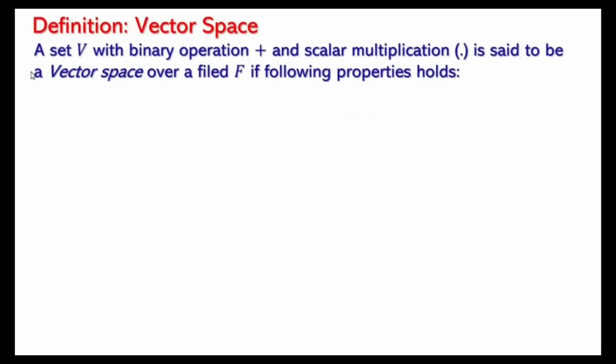A set V with a binary operation, which we call addition, and scalar multiplication, is said to be a vector space over a field F. This field may be real or complex, but as we are discussing Rn, we will take the field F in this course as R. It follows the following properties.